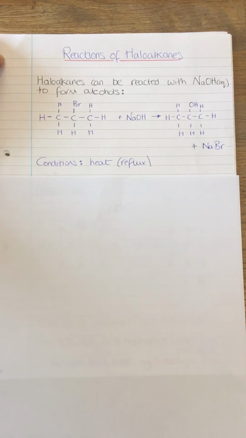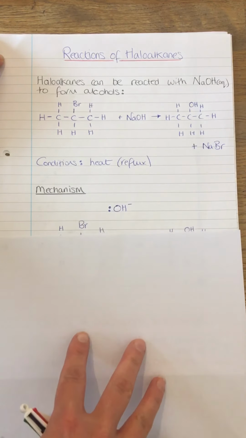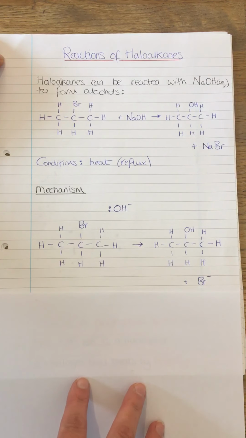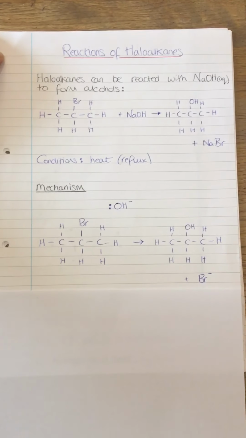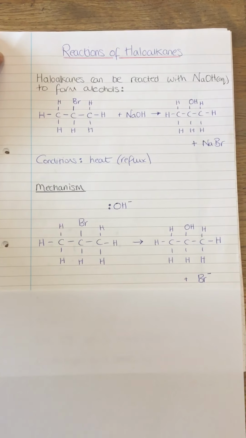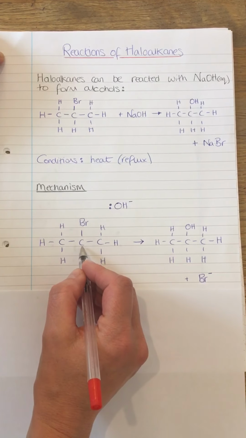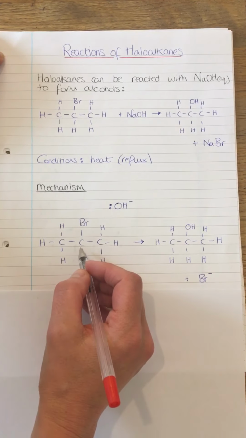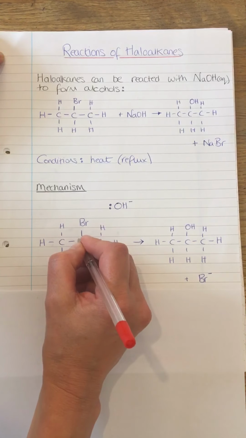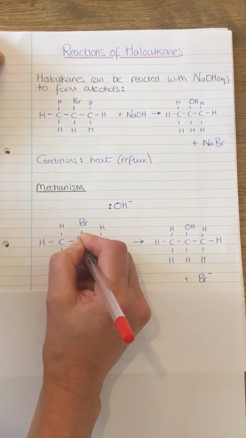Now you do need to know the mechanism for this reaction. If we look at how this is working, we've got our halogenoalkane, and it's the hydroxide ion that's important here. The hydroxide ion comes in to the carbon and forms a new bond. The reason it does that is because of the nature of the carbon to halogen bond.